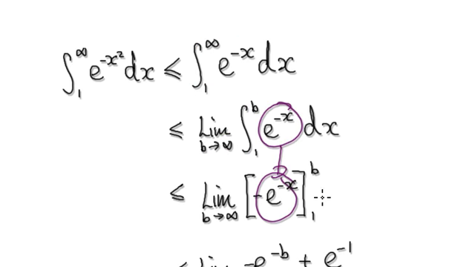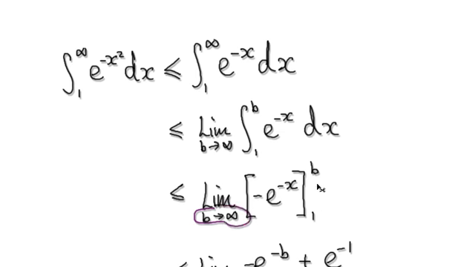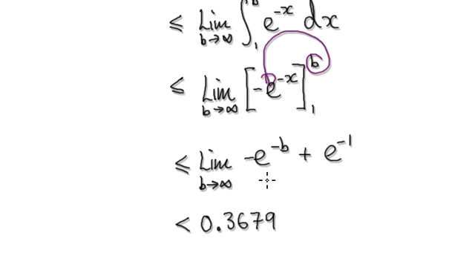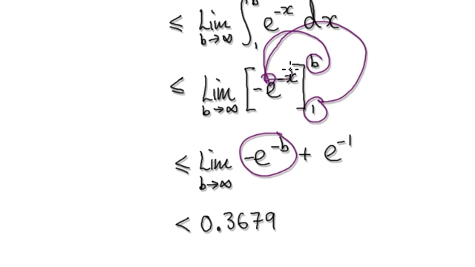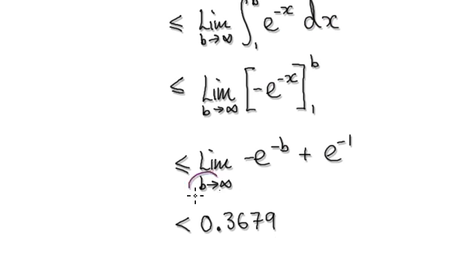Integrating this will give you this from 1 to b. Put the b into here, that will give you this, put the 1 into this x here, that will give you this, and as you allow b to head towards infinity, this is going to head towards 0.